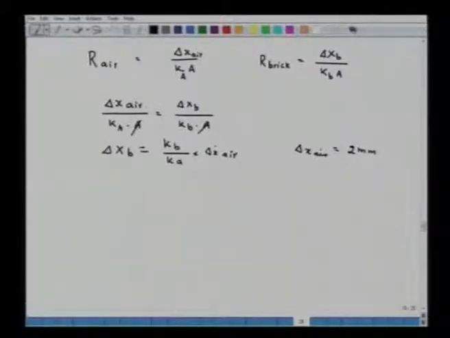K B and K A are all given. So, we can find delta X B, which is equal to 3.8 into 10 to the power minus 3 feet, that is equal to 0.046 inch, that is equal to 1.16 millimeter. So, an air gap of 2 millimeter thickness corresponds to an additional brick of 1.16 millimeter thickness. So, that is the importance of it.